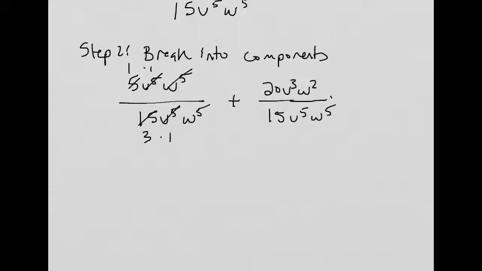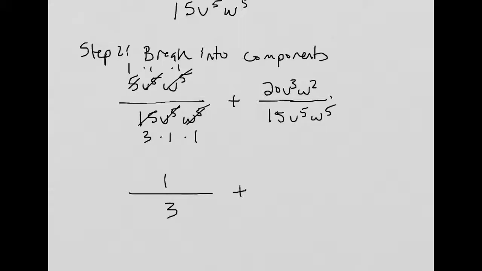So if I divide both top and bottom by w to the 5th, I end up with a 1 and a 1. So if we just look at the first fraction, if I multiply the tops out, 1 times 1 times 1 is 1. 3 times 1 times 1 is 3. So I'm left with just 1/3 after I simplify.